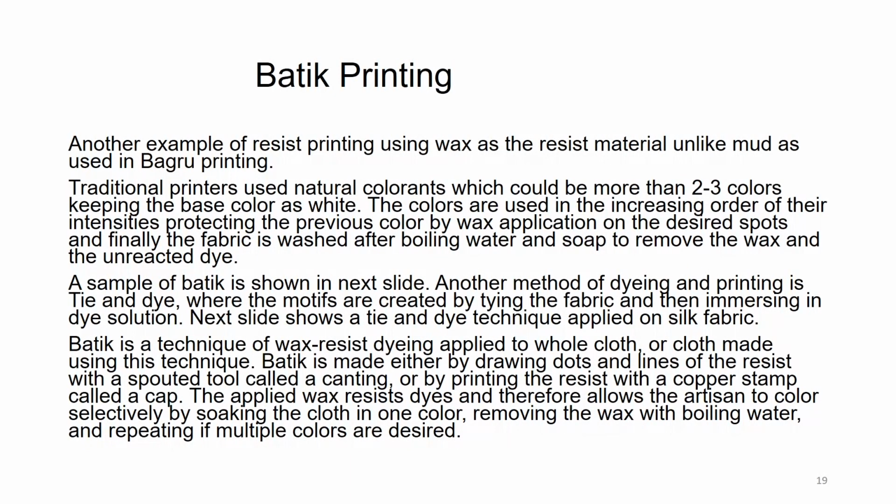The colors are used in the increasing order of their intensities, protecting the previous color by wax application on the desired spot. And finally, the fabric is washed after boiling water and soap to remove the wax and the unreacted dye.